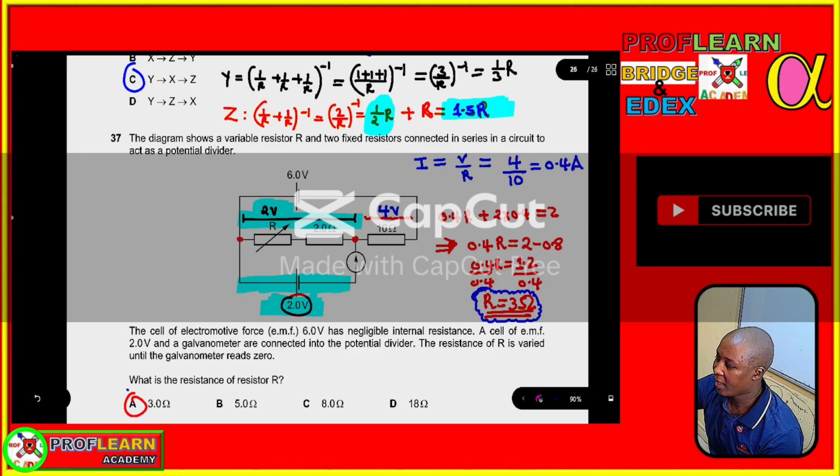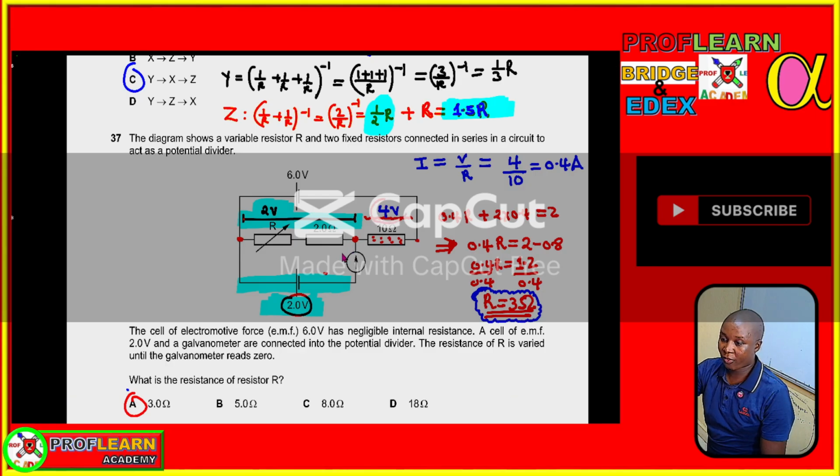So for it to read 0, as I've mentioned, the potential drop between this point and this point should be 2 volts as well. But if this is 2 volts here, the entire wire along this part should have 6 volts. Already we have 2 volts here, which means the PD across the 10 ohm resistor is going to be 4 volts.